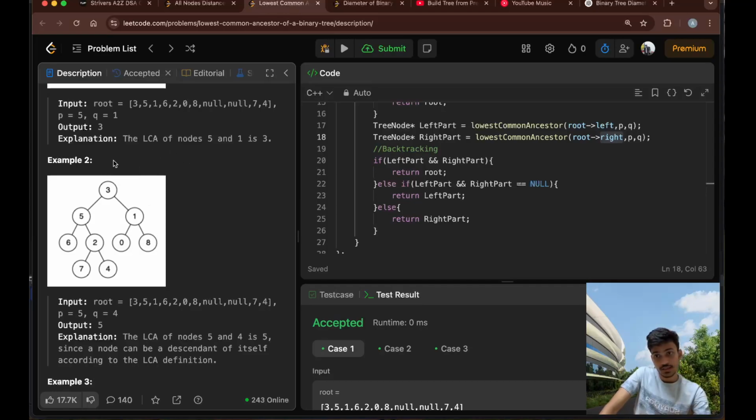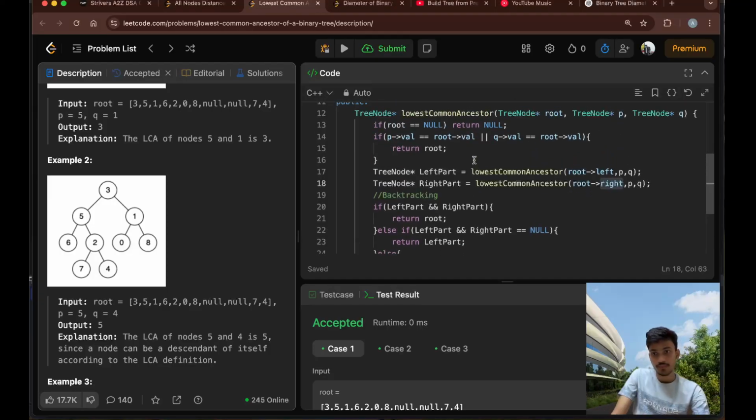So it has returned null and it has returned 5. So 5 will be our answer.